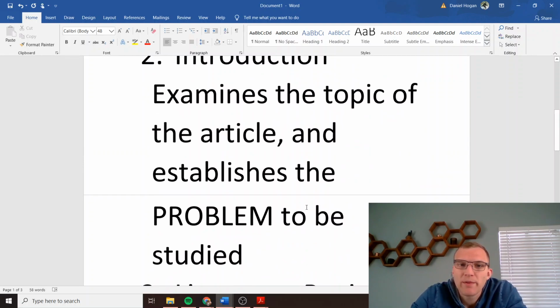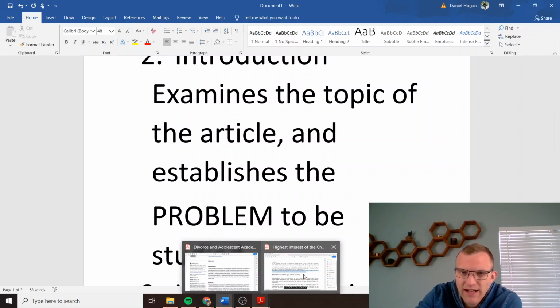By this, what I mean is each academic journal article is trying to add something to the academic conversation. There's some kind of problem that they're trying to examine or study, and an introduction will usually cover that.